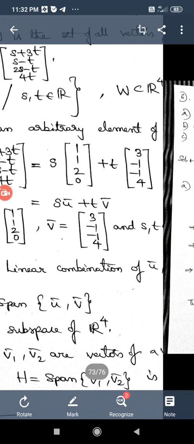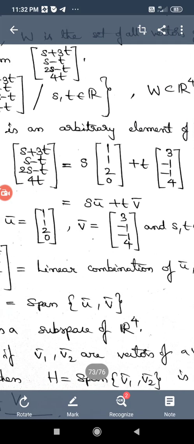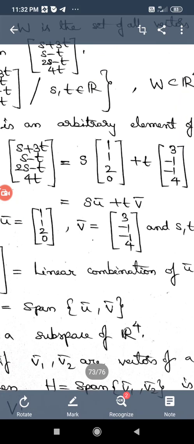Similarly, plus t times, taking all the coefficients of t in all the 4 entries and writing them in a 4 by 1 column vector beside t, we get t times (3, -1, -1, 4). So this is equal to s times some 4 by 1 column vector plus t times some 4 by 1 column vector.